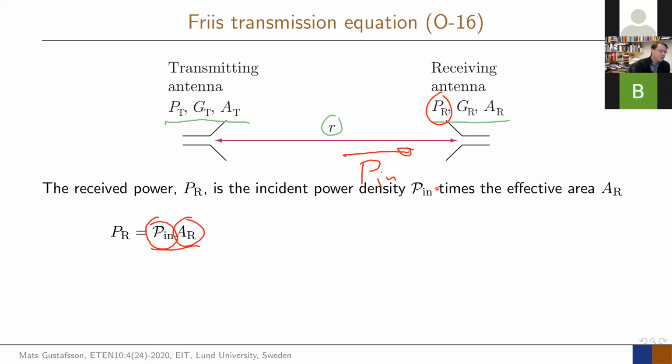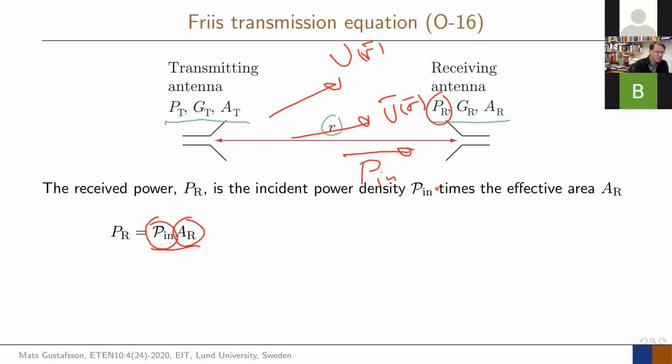So in the first case, what is the incident power density? Yeah, that is from the transmitter. It has something coming out here, which is this U that goes in different directions. So I need to have the radiation intensity of these ones divided by the distance. That is the incident power density.